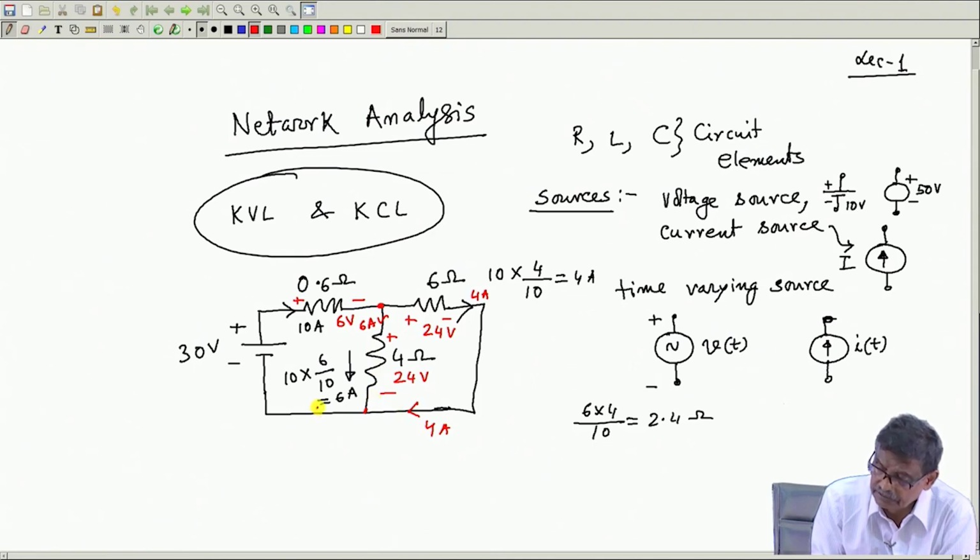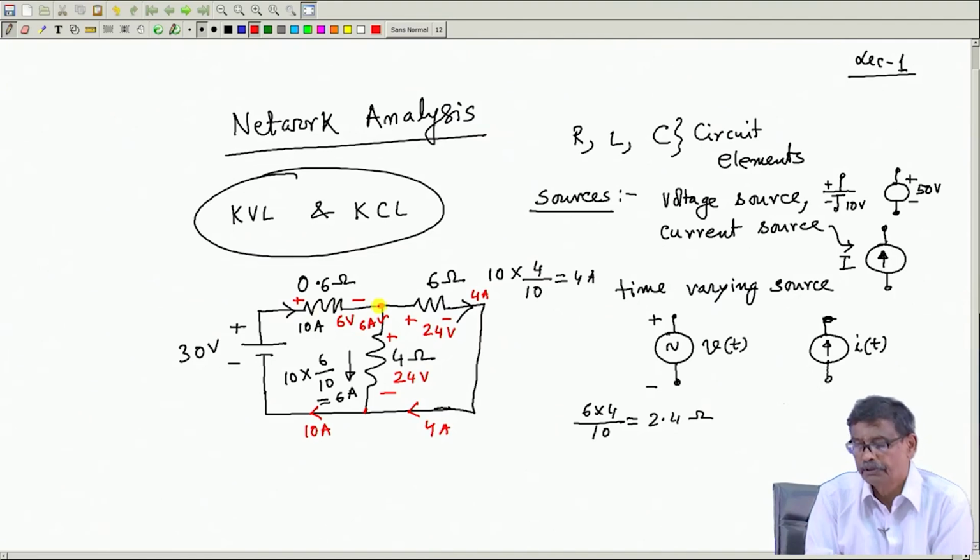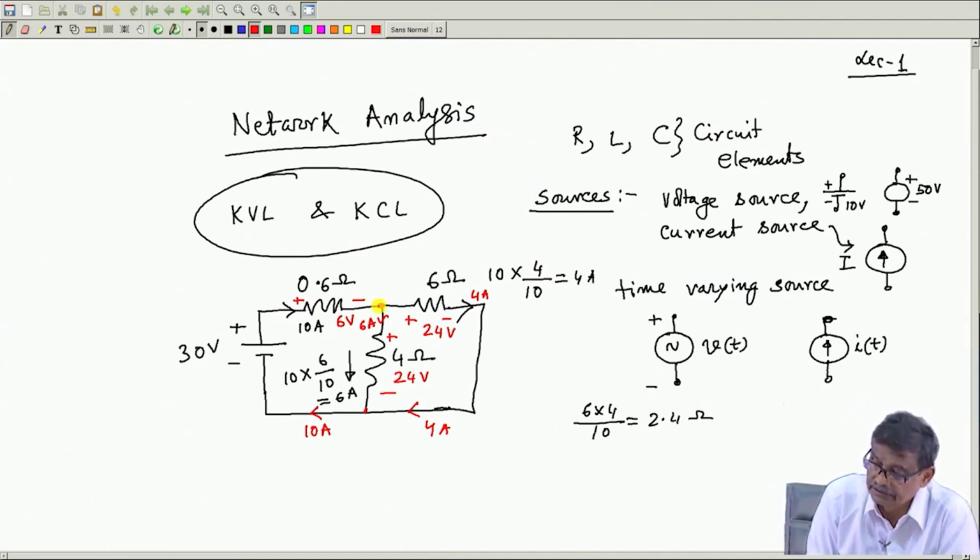So, 6 plus 4, 10 ampere there. So, with the help of this simple example, we know what KCL means: whatever total current comes in must be equal to the sum of the currents leaving the junction.